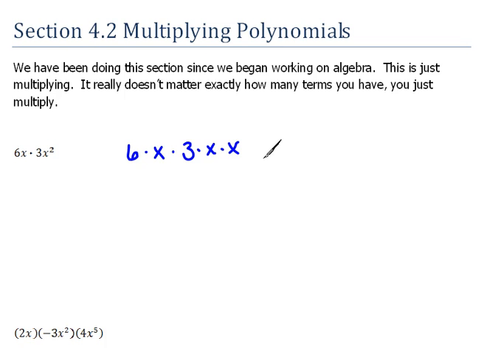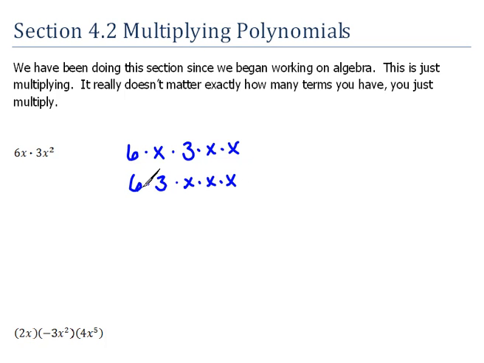Now, because multiplication is both commutative and associative, you can multiply in any order that you want to. So I'm going to rearrange these. Wouldn't this be the exact same thing as saying 6 times 3 times x times x times x? And now we can, again, multiply in any order we want to.